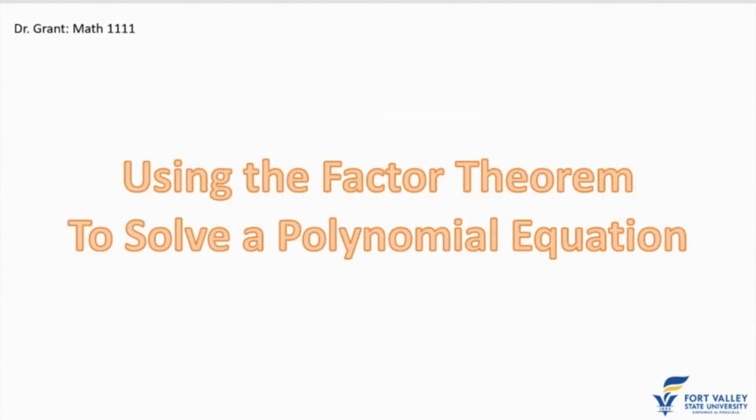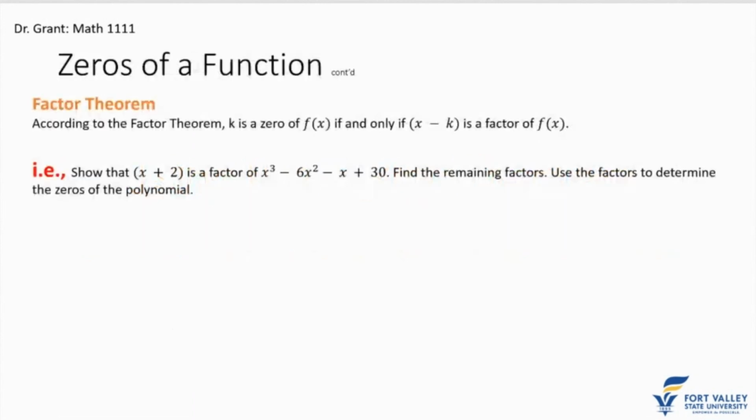Now we're going to look at using the factor theorem to solve a polynomial equation. According to the factor theorem, k is a 0 of f of x if and only if x minus k is a factor.